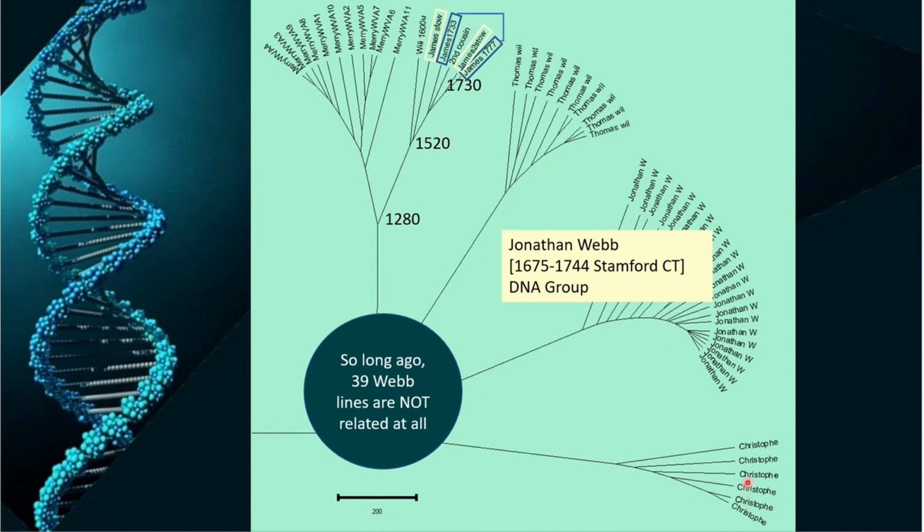And then over here is another group that we get connected to from time to time, the Christopher. And again, why are we not related to Jonathan Webb? Well, we go back in time. This is 200 years. 200, 400, 600, 800, 1,000, 1,002, 1,004, 1,006.